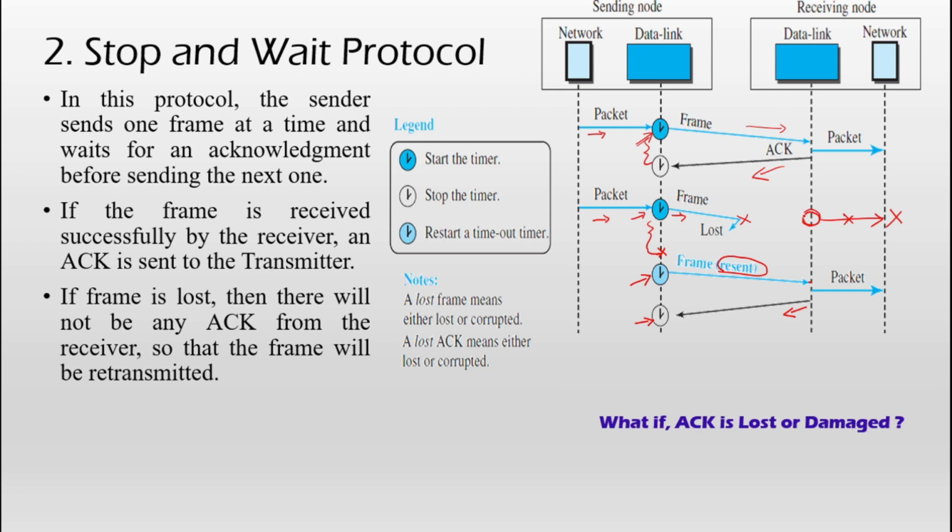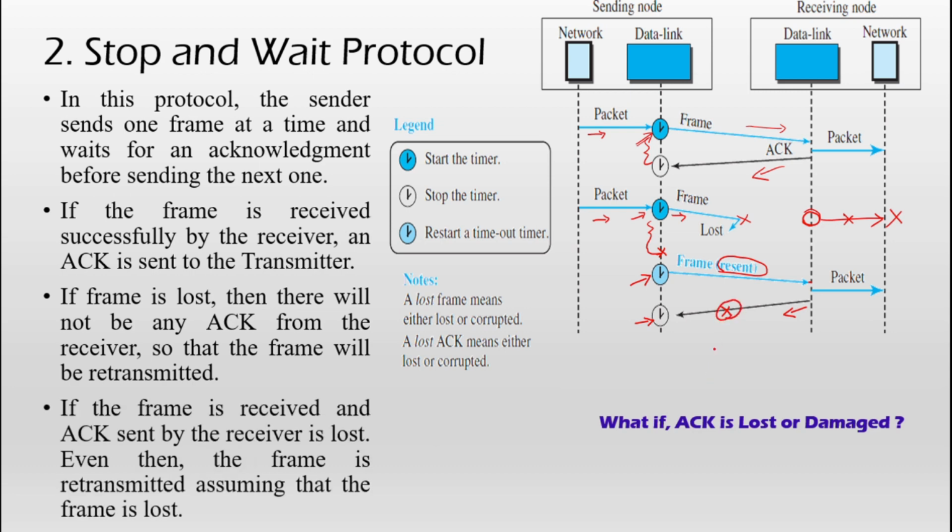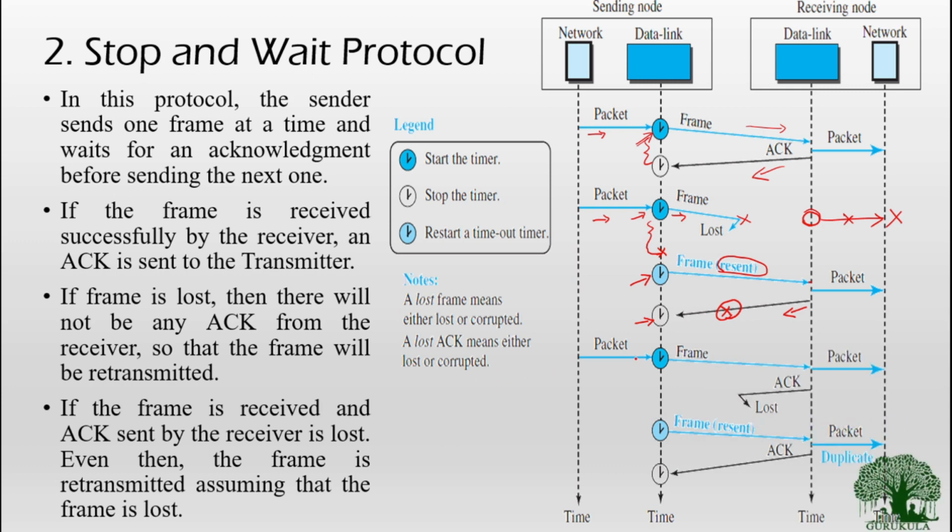Now there is a possibility of the acknowledgement frame getting lost as well. That is our third case. In the third case, as you can see in the figure, the first time the frame is generated, the timer is fired, and the frame is sent. The receiver receives the packet and responds with an acknowledgement, but this time the acknowledgement is lost somewhere on the network.